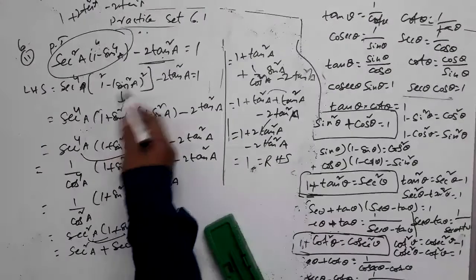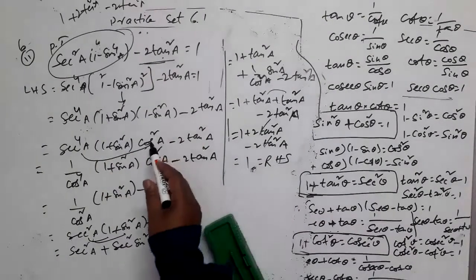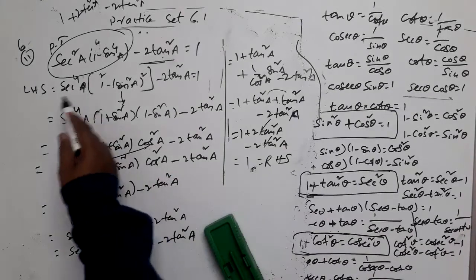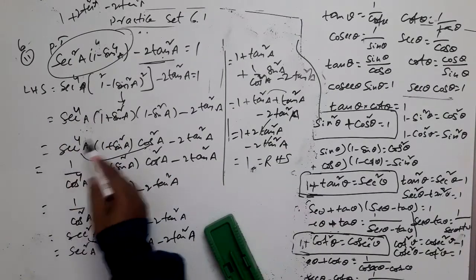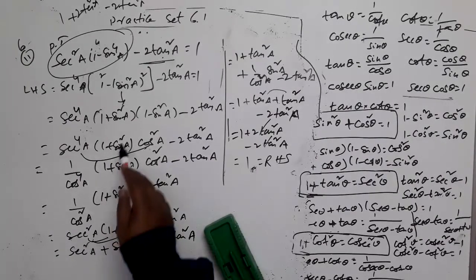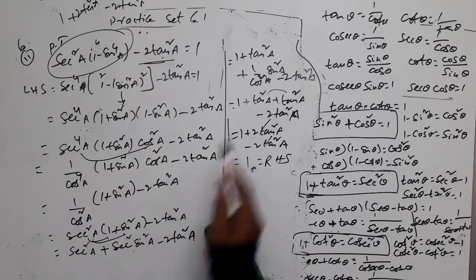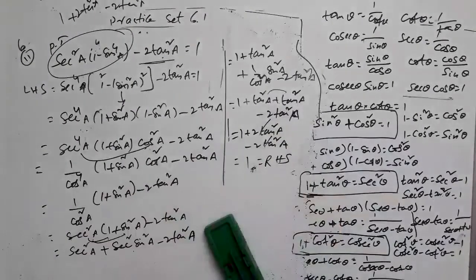This is of the form a square minus b square. So a plus b into a minus b here written, but a minus b part here is giving you cos square A. So from this secant power 4A, 1 secant square A can be cancelled with this. So only 1 secant square A will be remaining. Remaining part is written as it is, expanded, and you have got this. This is question number 11.